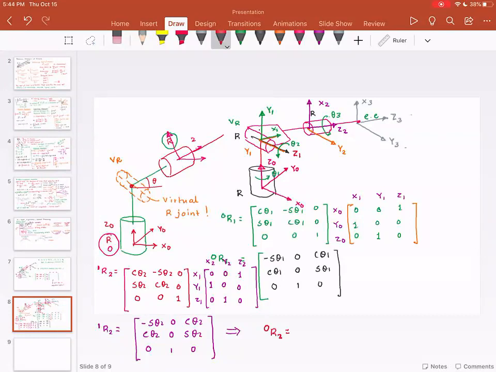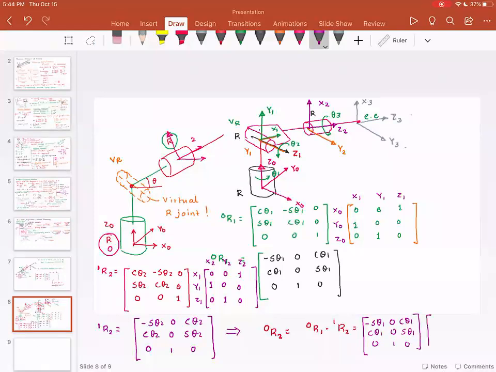So 0R2 can now be written as 0R1 multiplied by 1R2. Now please note, I already have 0R1. 0R1 is minus sine theta 1, 0, cosine theta 1, cosine theta 1, 0, sine theta 1, 0, 1, 0.